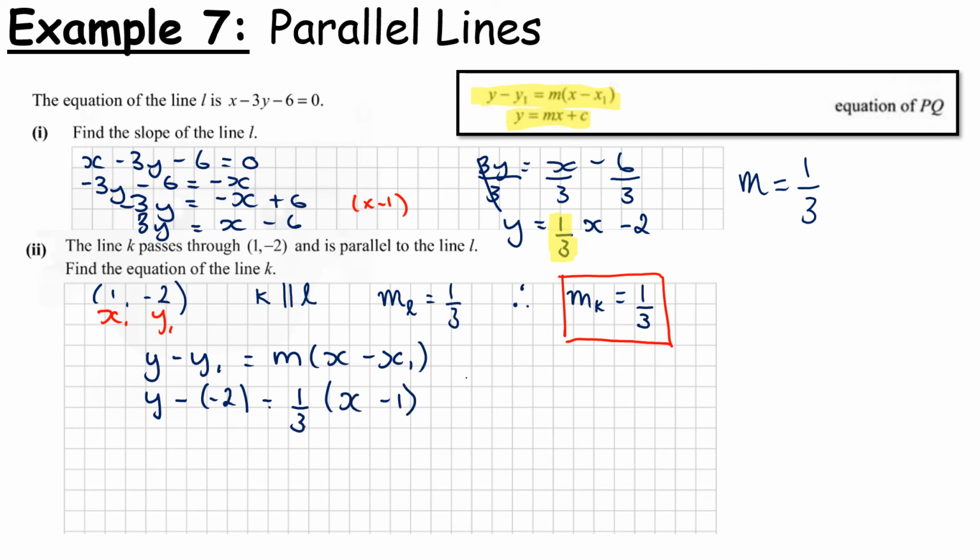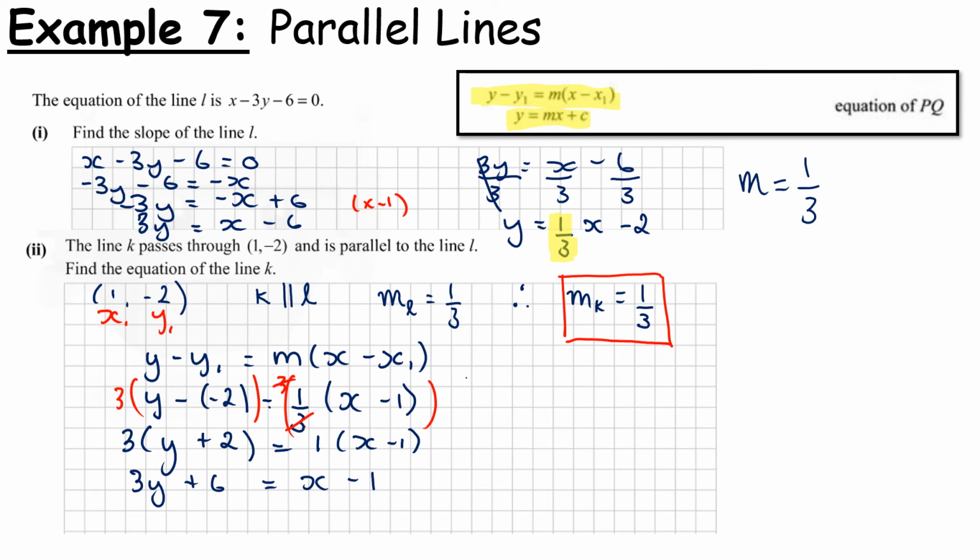Now, I don't like that fraction, so I'm going to multiply both sides of my equation by 3 to get rid of that. And we're left with 3 times y plus 2 is equal to 1 times x minus 1. So multiplying that out, we get 3y plus 6 is equal to x minus 1.